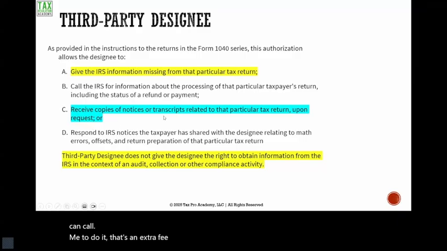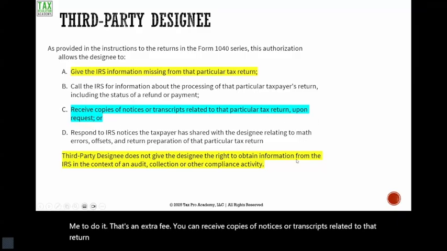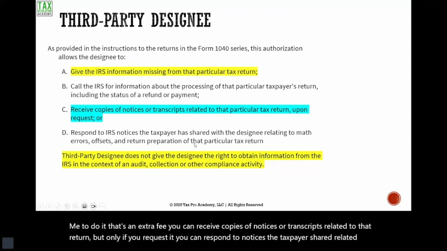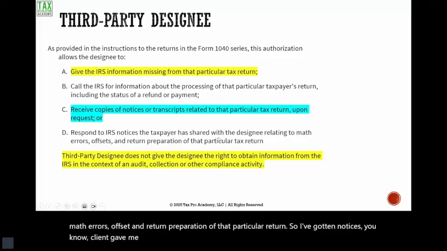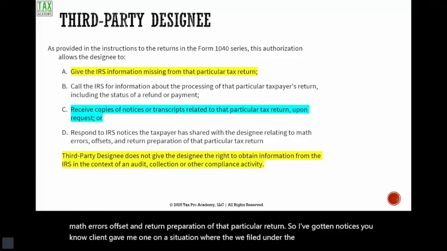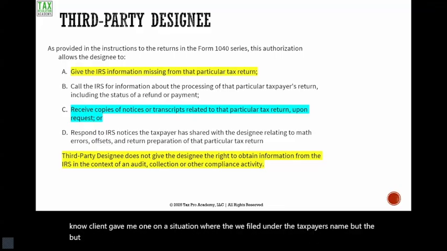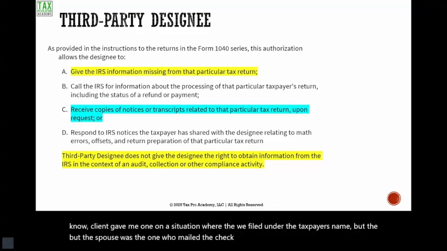You can receive copies of notices or transcripts related to that return, but only if you request it. You can respond to notices the taxpayer shared related to math errors, offset, and return preparation of that particular return. So a client gave me a notice on a situation where we filed under the taxpayer's name, but the spouse was the one who mailed the check and included her social security number.